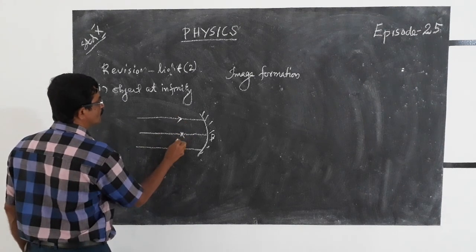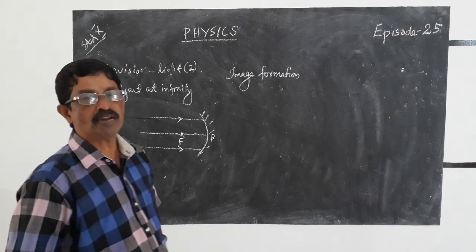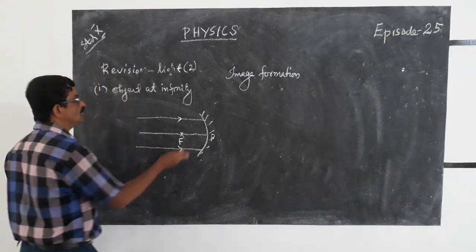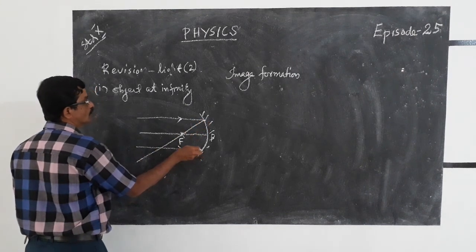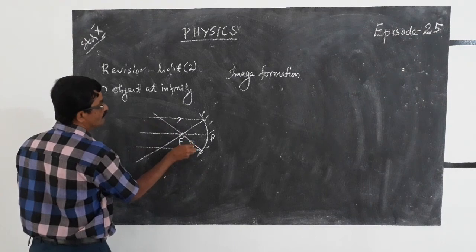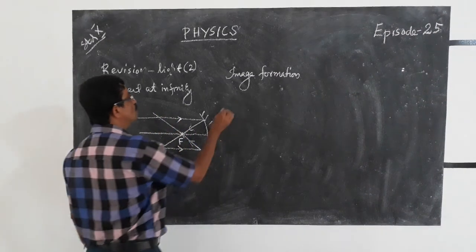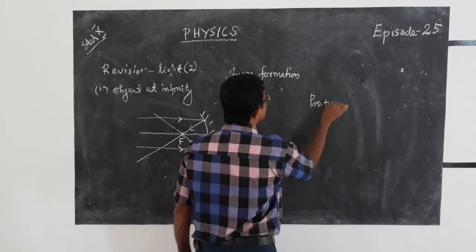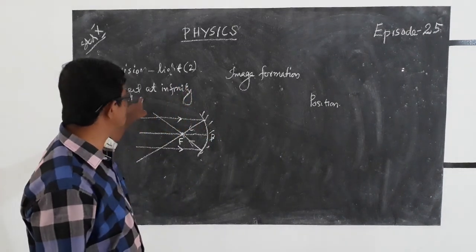This is the focus. We know a ray parallel to the principal axis, after reflection, will meet at the focus, or pass through the focus. That means here we get the image. So first of all, we want to know the position of the image when the object is at infinity.